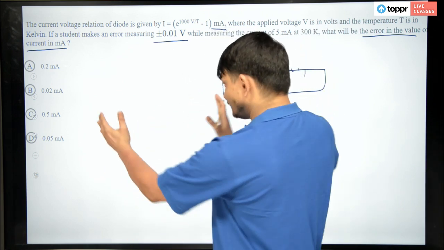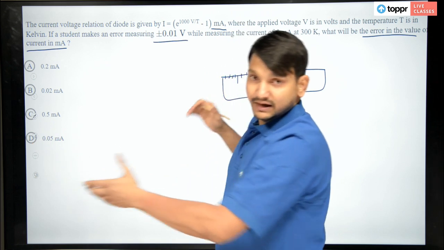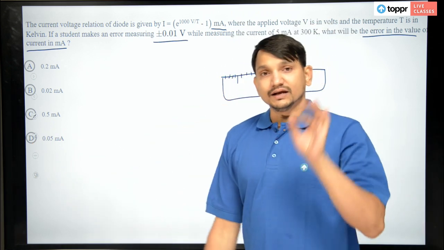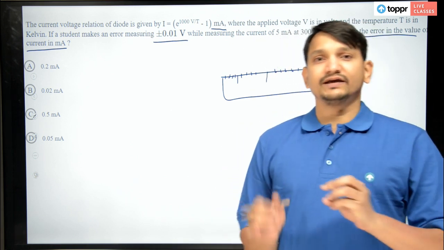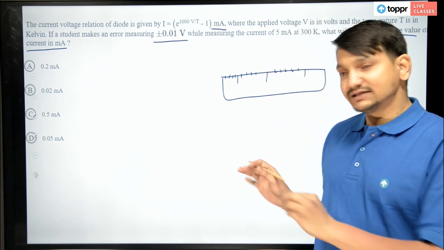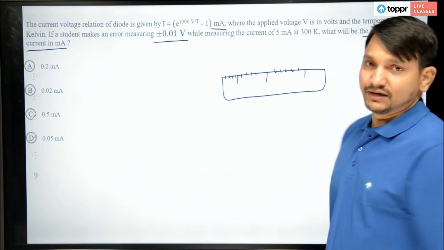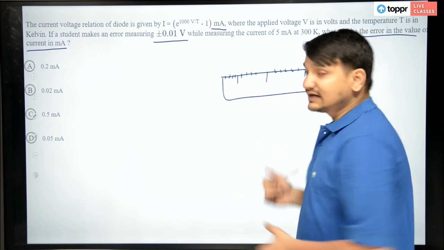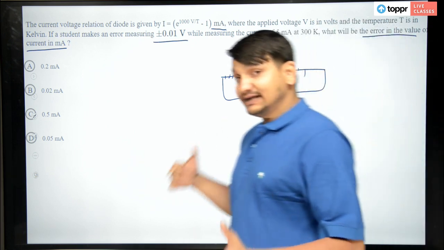Suppose you are measuring a length. What you will do, you will put your scale or your tape on that, and you will be able to give the measurement as close as your least count. If your least count is smaller, say even smaller than 1 millimeter, you will be getting less error.